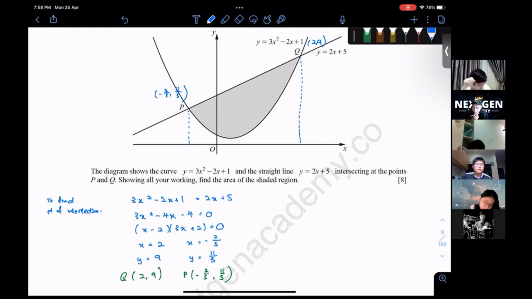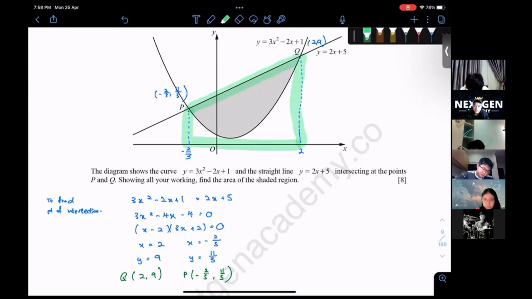Okay, so you can integrate from negative 2 over 3, because this is negative 2 over 3. This is 2, right? So what Wei Zheng did is find the area under the line first. This whole thing, right? It's a trapezium.